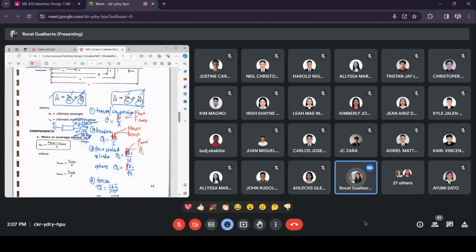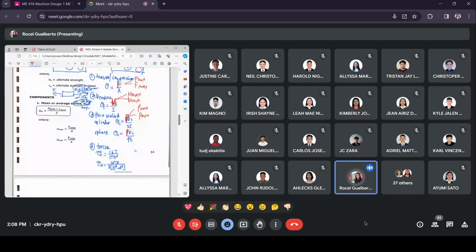And then for torsion, it is the torque that varies. So again, choose only the maximum and the minimum values of the forces, the pressure, the moment, and the torque.